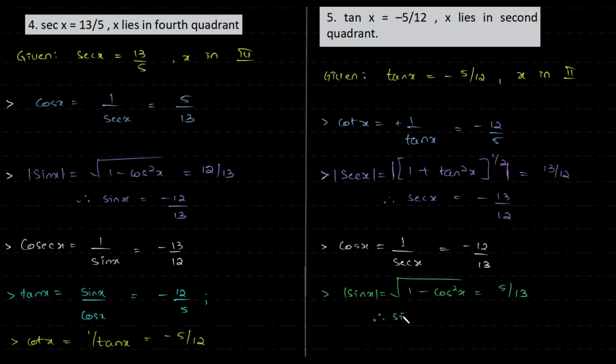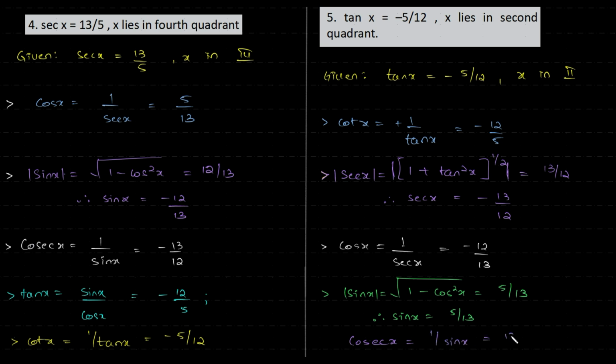And in terms of value also, it is 5 by 13 itself in terms of coordinate, because we are talking about the second quadrant. And at last we have cosec x, which is 1 by sin x.